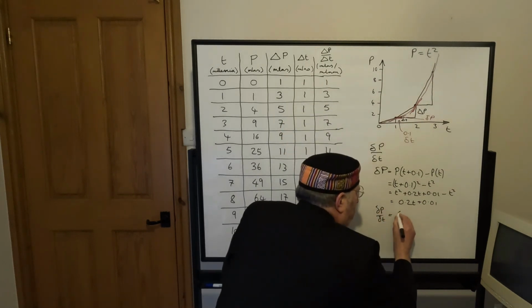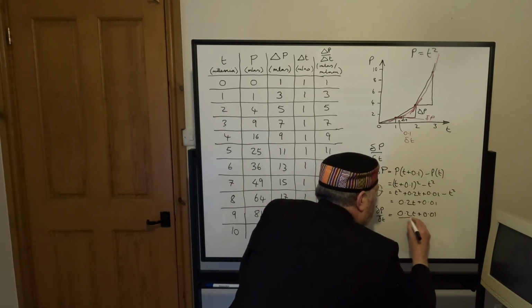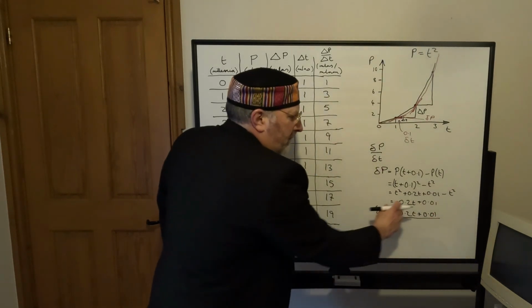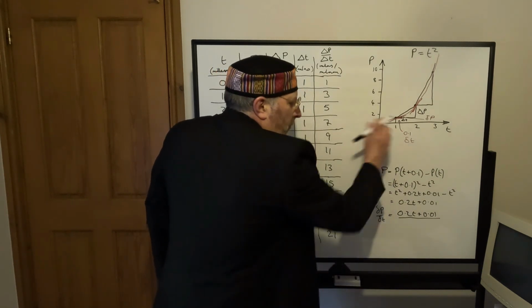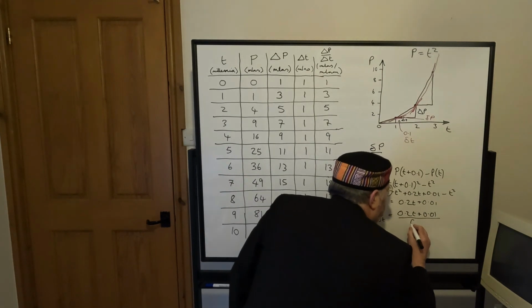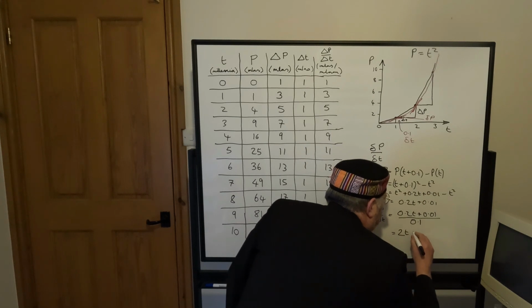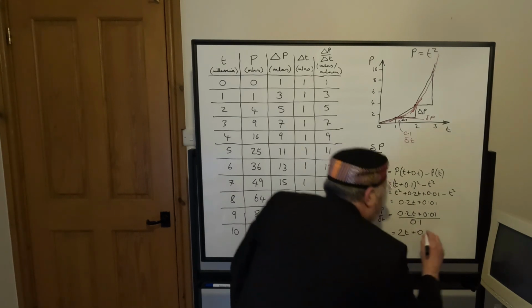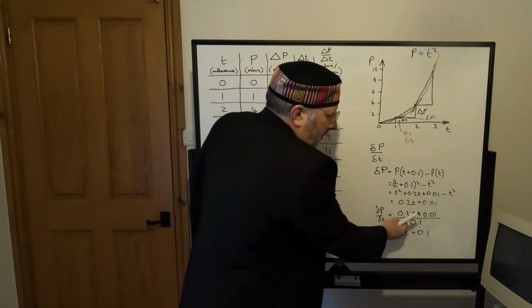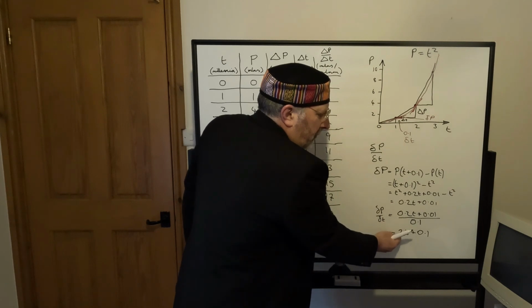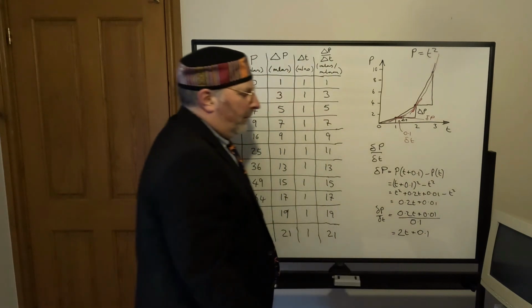So that's going to be 0.2t plus 0.01 divided by delta t, which is now 0.1, not 1. And that gives us 2t plus 0.1. 0.2 divided by 0.1 is 2, and 0.01 divided by 0.1 is 0.1.